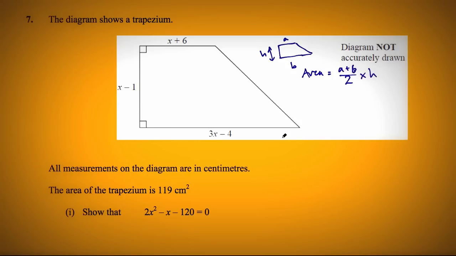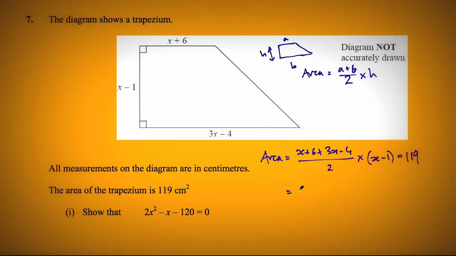So in this case, we've got area equals A plus B is x plus 6 plus 3x minus 4 all over 2, multiplied by the height x minus 1. And that equals 119, that is the area.